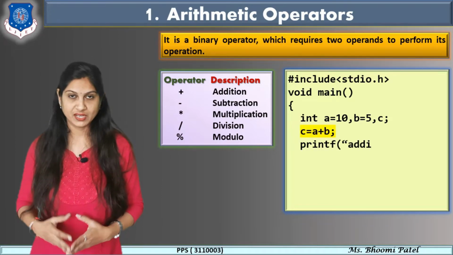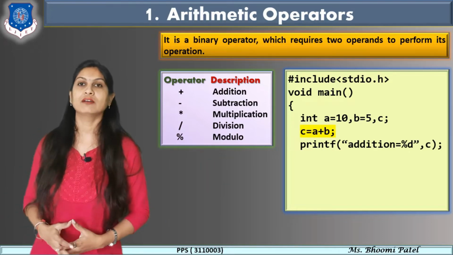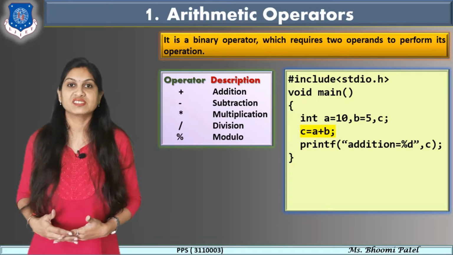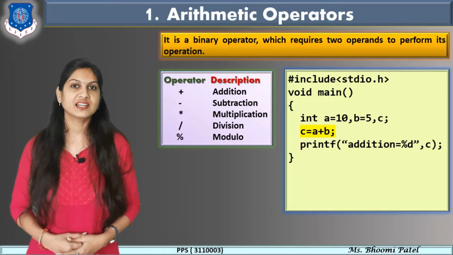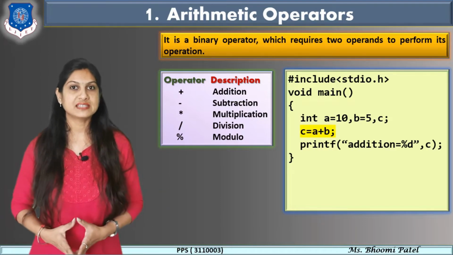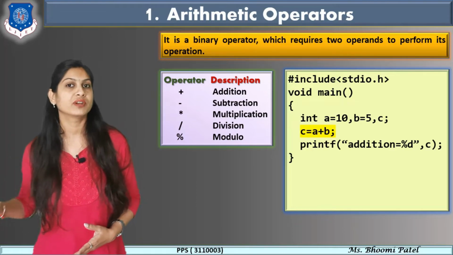So c has one value, the output of a plus b, and obviously it is 15. To display that value we use the printf function, and in printf we write addition equals percentage d. Now what is percentage d? In previous lectures we gave a table in which we mentioned the control strings for different data types.